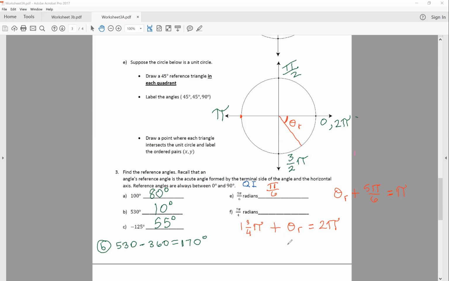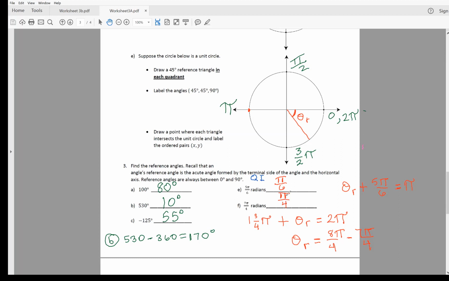So theta sub r is equal to, and we can turn it back now to 7 pi over 4. If I need a 4 in the denominator here, this would be 8 pi over 4 minus 7 pi over 4, which is pi over 4. 7 pi over 4 is in quadrant 4, and the reference angle is pi over 4.